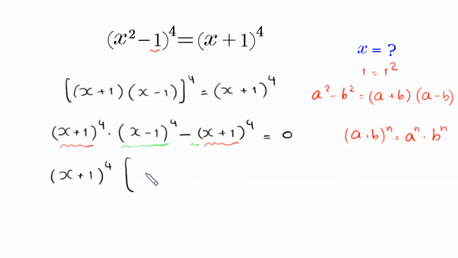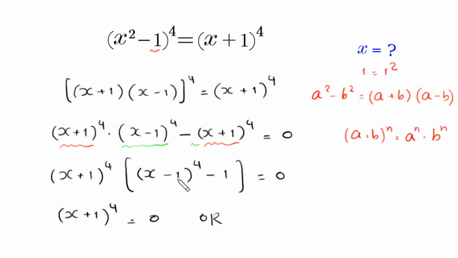In bracket left, x minus 1 whole to the power 4 minus 1 is equal to 0. Now from here, either this expression x plus 1 to the power 4 is equal to 0, or this expression x minus 1 whole to the power 4 minus 1 is equal to 0.